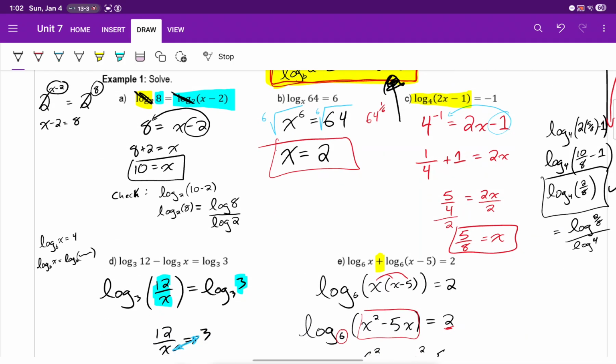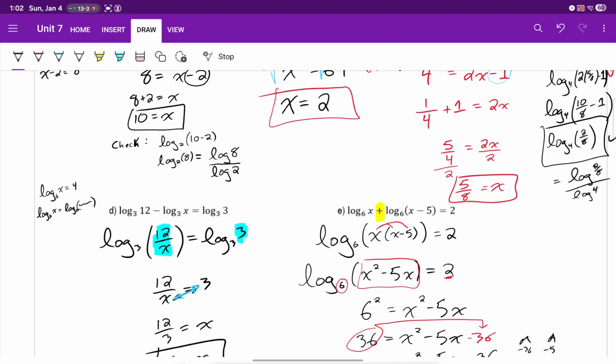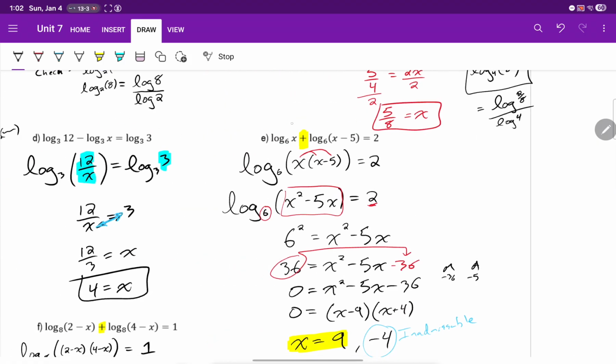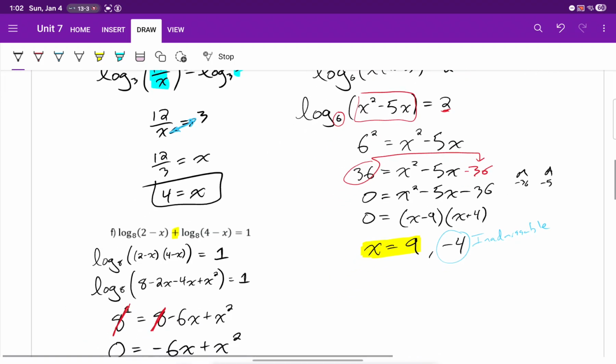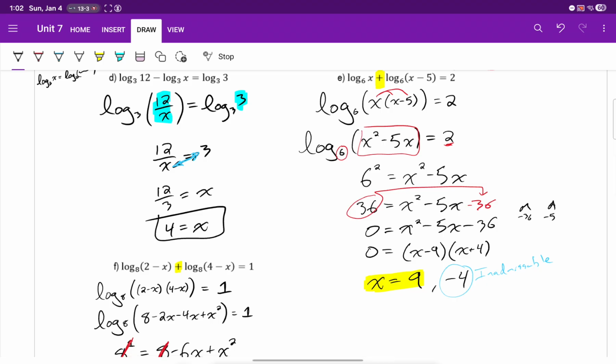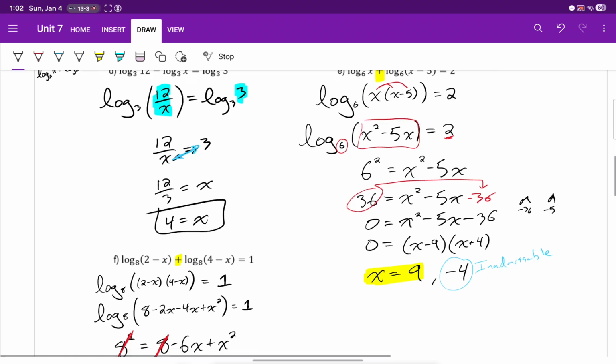You can also use our log laws to combine. Notice in this one I've highlighted the plus. That's when we use one of our log laws to simplify first and then change to exponential form. I actually do that in D, E, and F. There's going to be one like that on your test, okay?